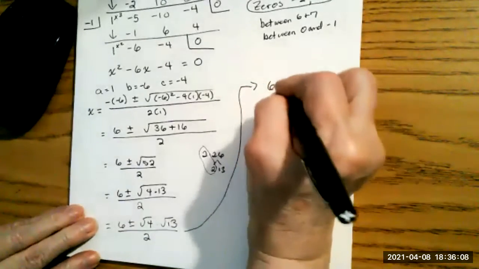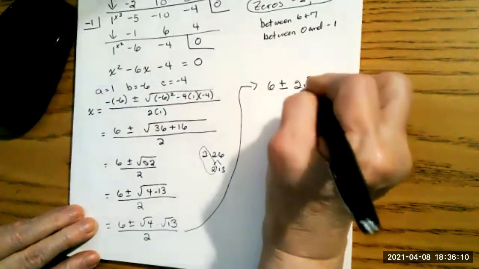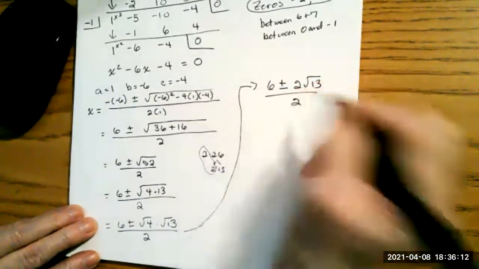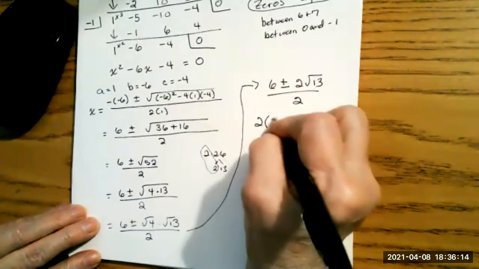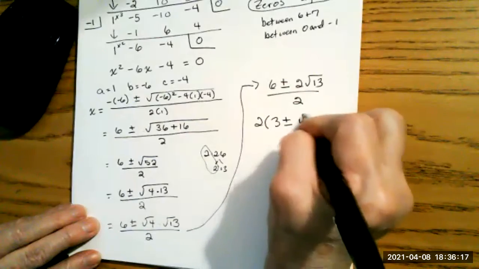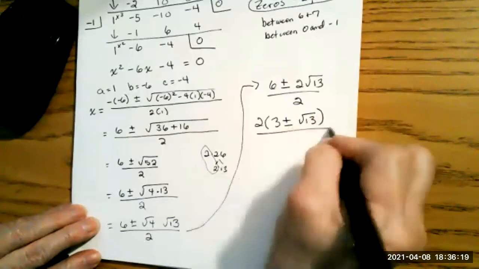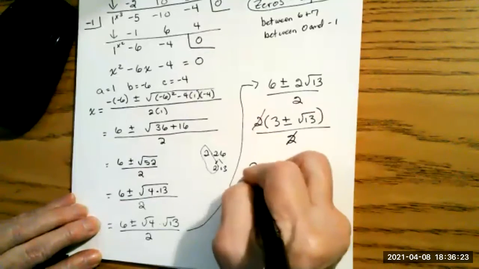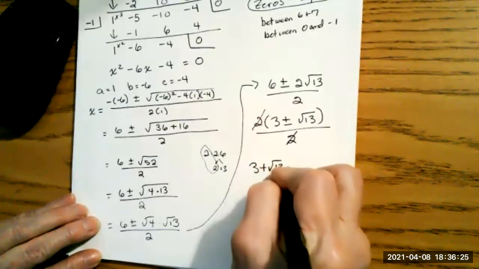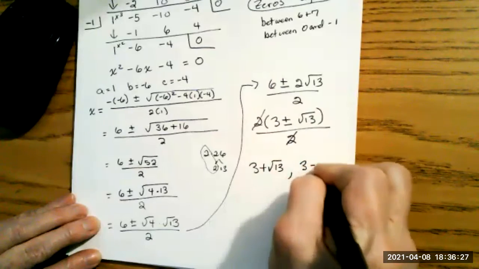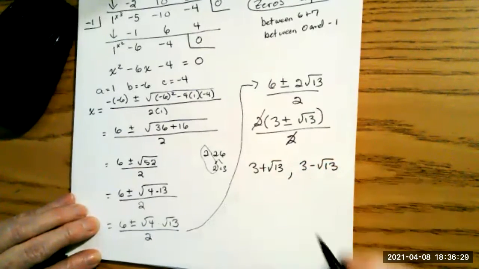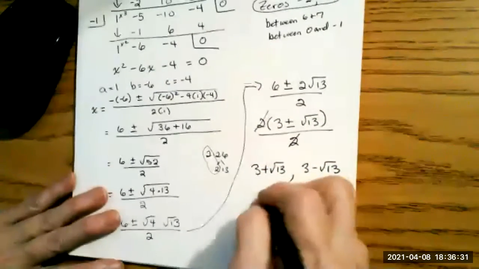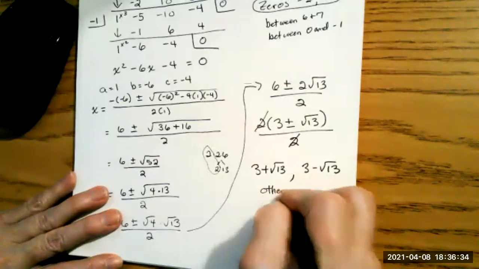I have 6 plus or minus 2 square roots of 13 over 2. Factor out a 2. And I get 3 plus or minus the square root of 13, and my 2's cancel. So I have 3 plus the square root of 13 and 3 minus the square root of 13. Those are my other, you could call them other zeros.